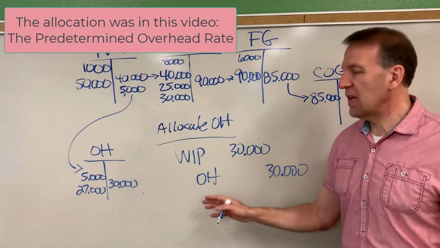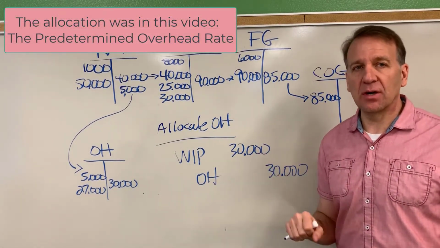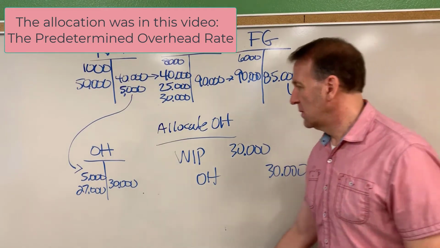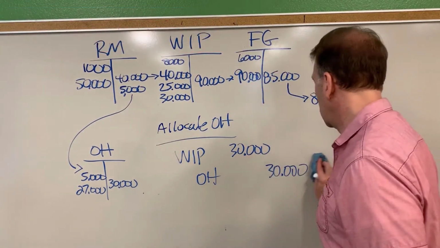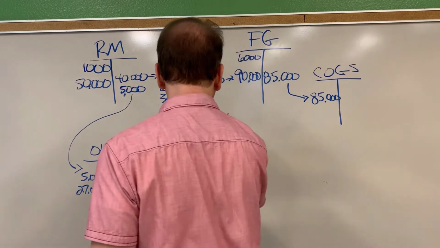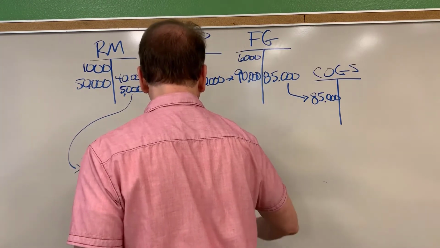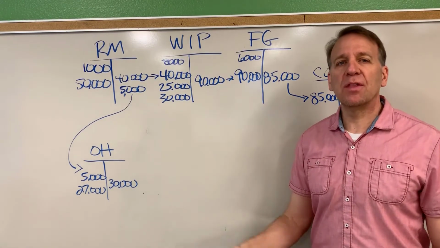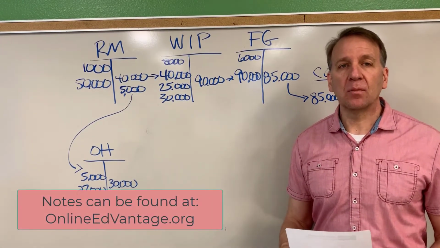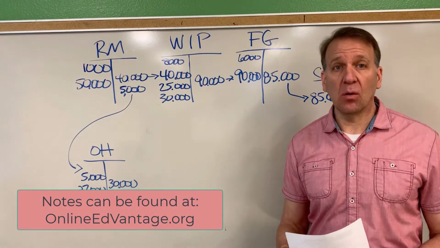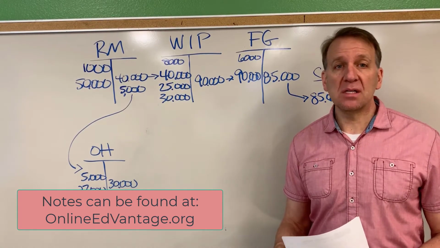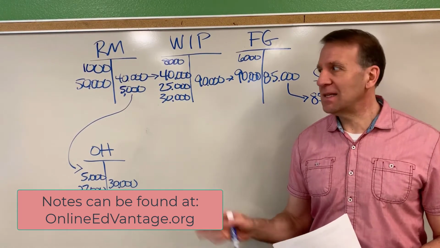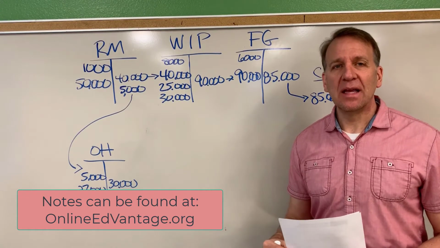And in a previous video, we showed how we calculated that 30,000. Remember that there are notes that show everything that I'm writing on this board. There are notes in onlineadvantage.org that you can print out or just download to see exactly what we're doing here in a nice note format.